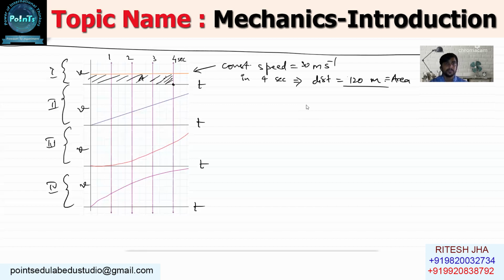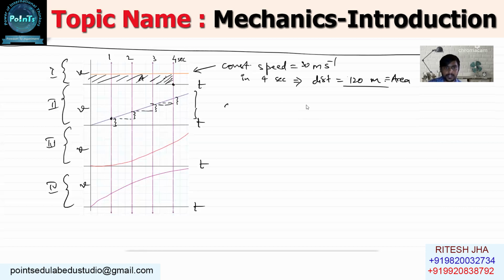Now, when I'm considering this particular graph, what do you observe is it is changing its speed at a constant rate. Now, the rate of change in the velocity is defined as the acceleration. But since it is the motion in a straight line, even the speed can be considered.